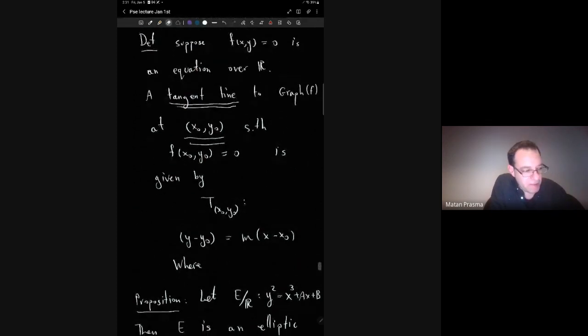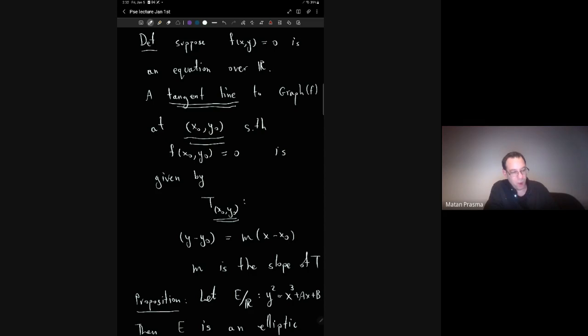So going back to the definition, the tangent line is a line that passes through the point x0, y0, and is given by this equation. M is the slope of the tangent line t.